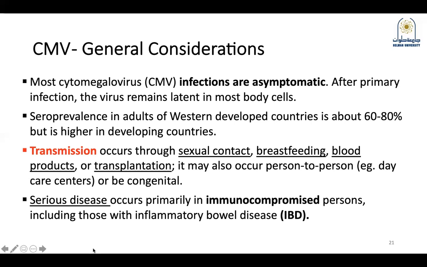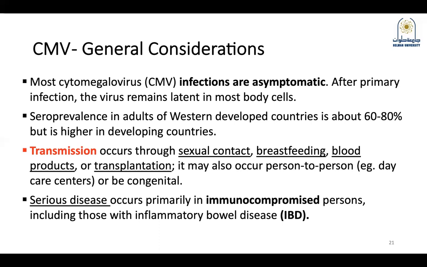So serious disease occurs primarily in immunocompromised persons, including those with inflammatory bowel disease, IBD, which means patients exposed to immunosuppressive therapy, or after organ transplantation, liver, kidney, or bone marrow. Due to the massive immunosuppression, the latent infection could flare. Also, patients who receive chemotherapy are at high risk.